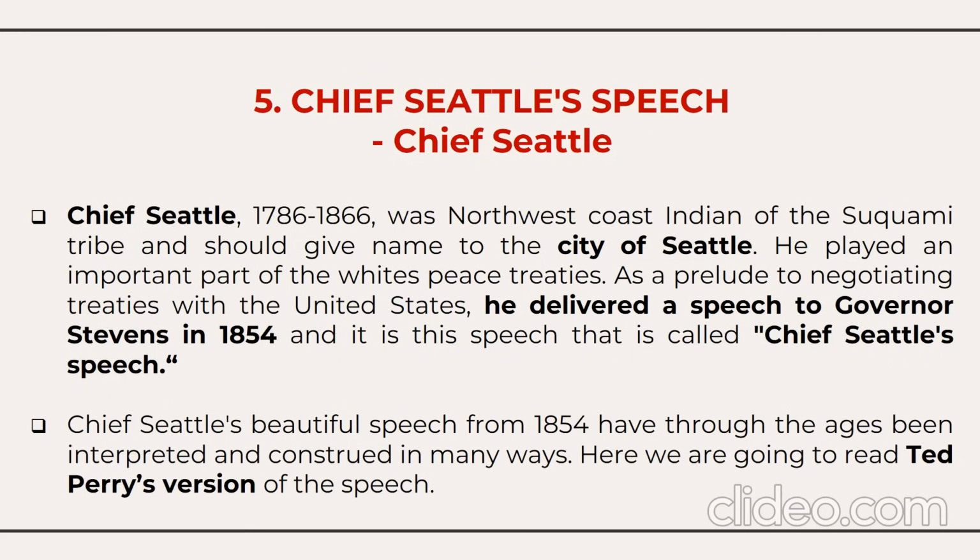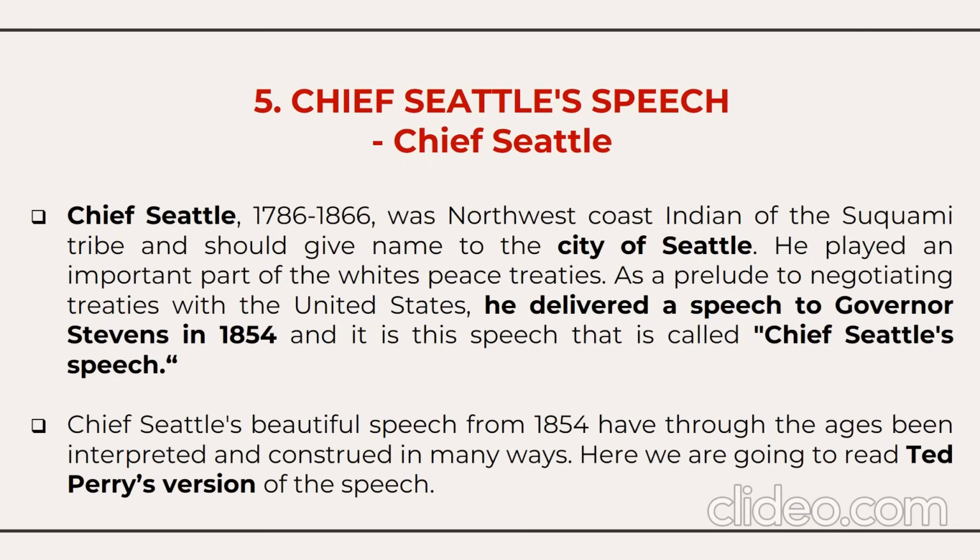This is a very beautiful speech from 1854 and has through the ages been interpreted and construed in many ways. Many people have interpreted it, and here we are going to read Ted Perry's version of this speech. That is the version we have in our syllabus.